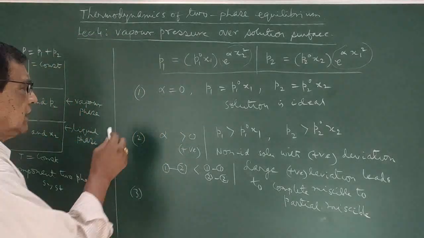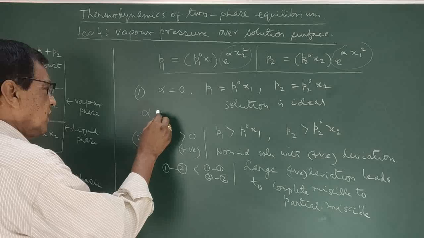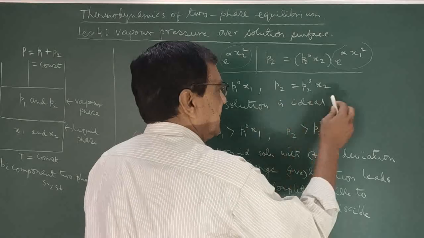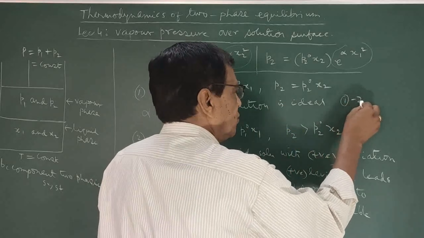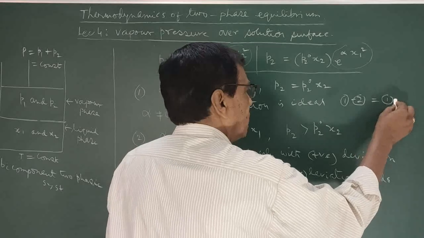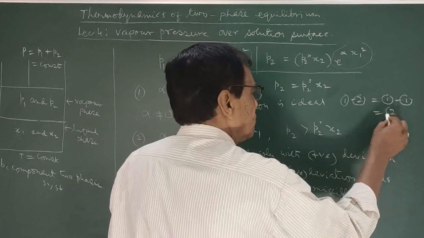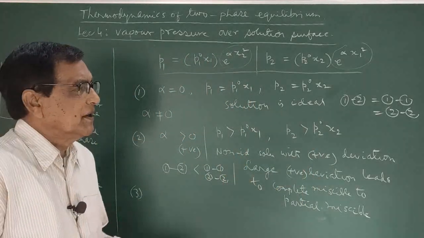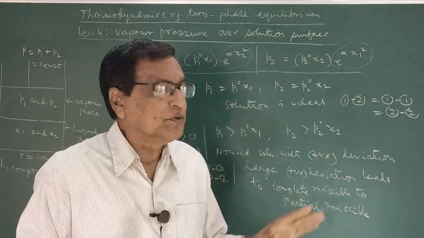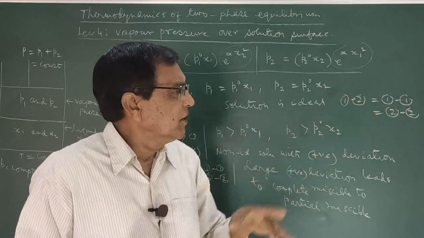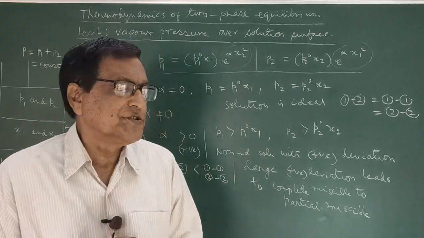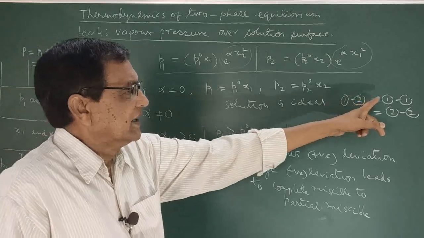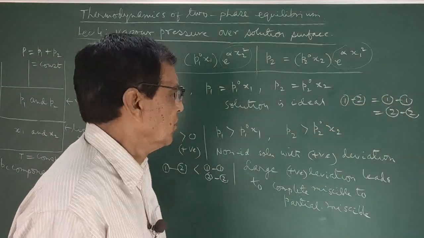But whenever alpha is not equal to 0, the solution is non-ideal. A solution behaves ideal whenever there is total uniformity of the cohesive forces in the solution. These are the intermolecular attractions between the two unlike molecules, and those between like molecules.